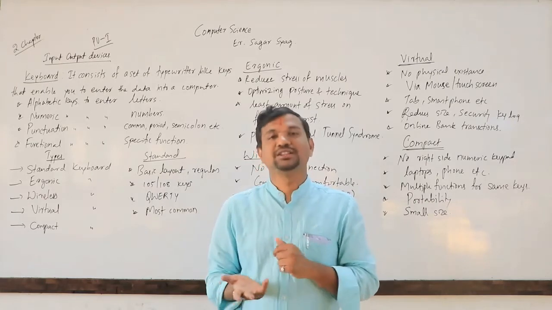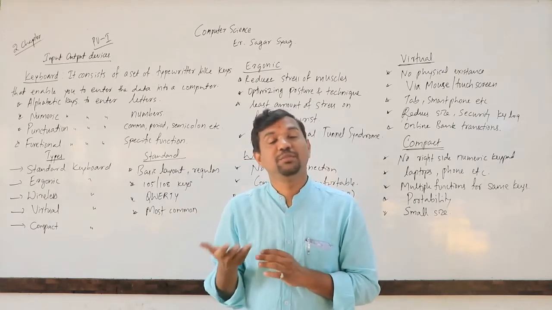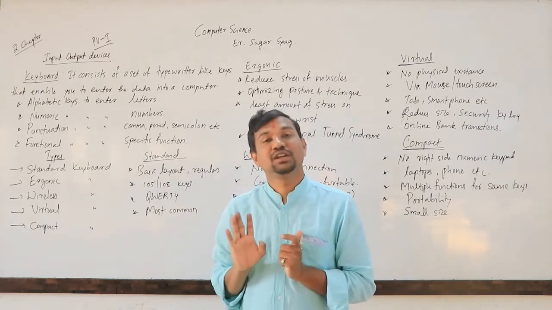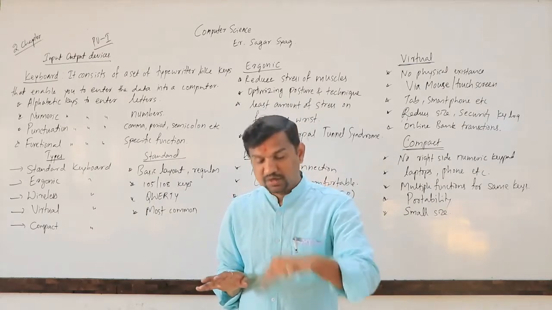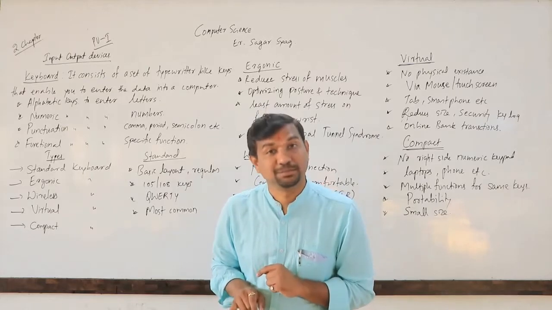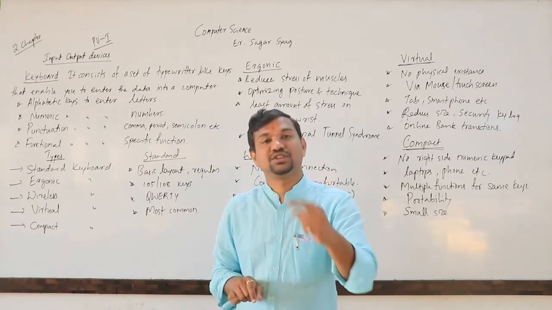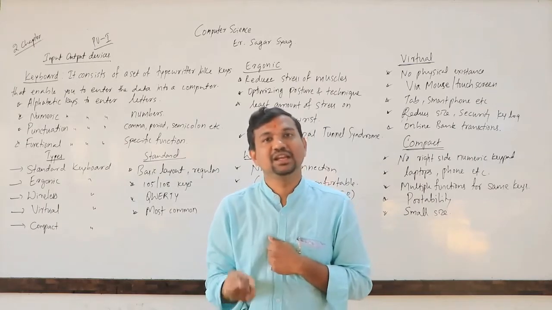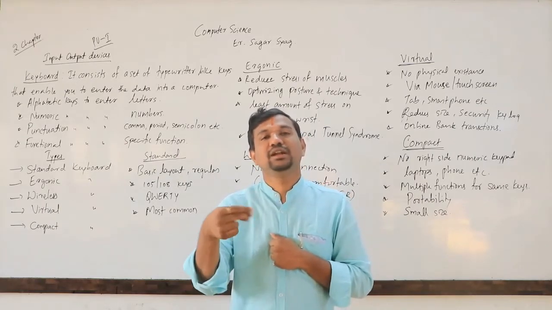So nowadays what they are doing, for every button, for every function, they are not going to keep a separate key. They have given an option called shift. By pressing shift, we can press the same button, same key, and that function will be different.